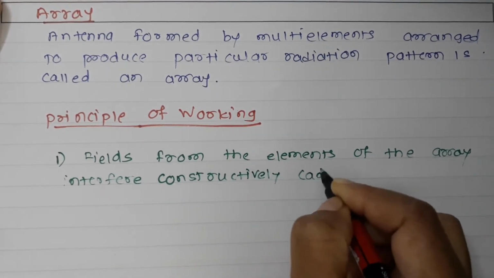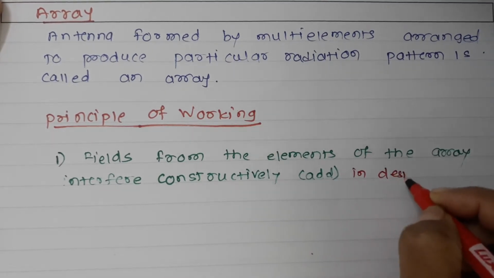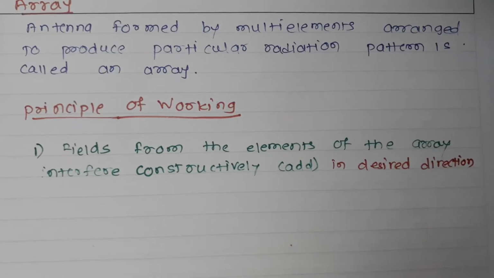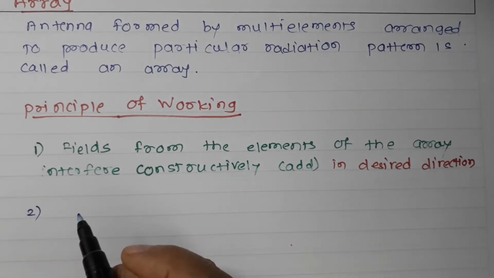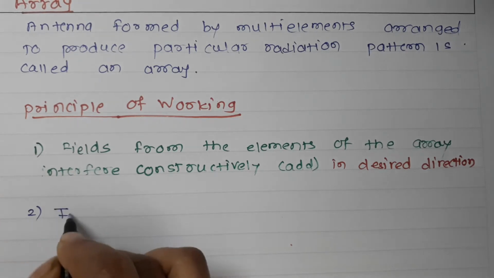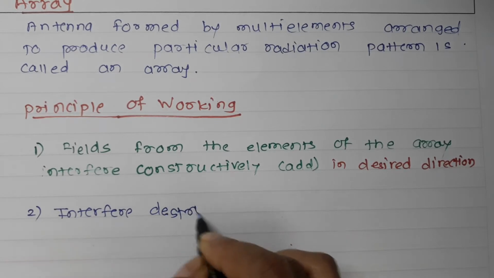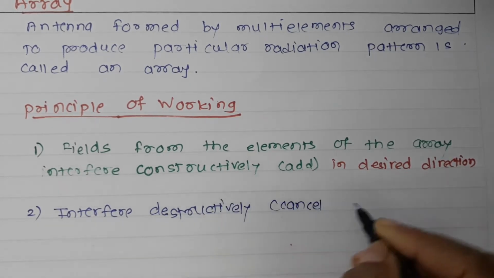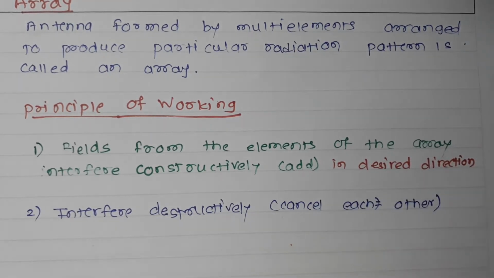You can say the fields will be added in the desired direction. This is how two elements, or otherwise n elements, will work. Otherwise, they interfere destructively, so in that case they will cancel each other in the undesired direction. This is nothing but the principle of working of arrays.